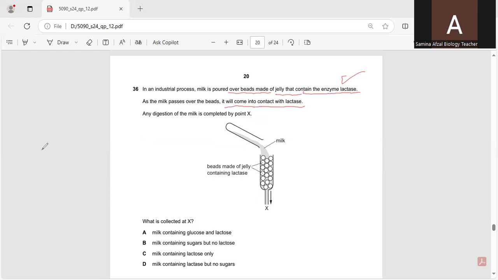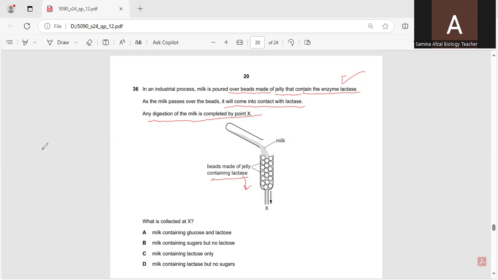So beads are there, which are made up of jelly. Any digestion of the milk is completed by point X. So milk is poured over the beads, and the enzyme is immobilized in it. Lactase is an enzyme which is in immobilized condition.